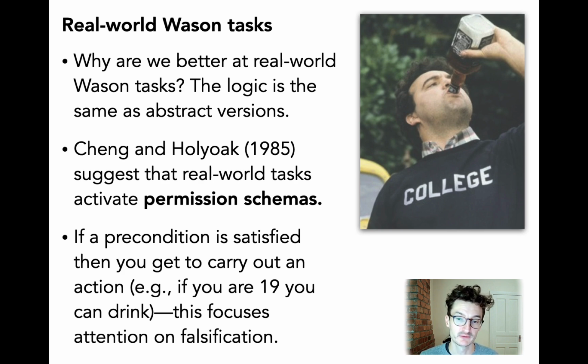In this case, it's a mental model of how things should work. And so the idea is that this permission schema actually focuses our attention more on falsification. And so we're a little bit better at identifying the situations, or the cards in this case, that falsify the rule. And we're less likely to be tempted by the cards that simply affirm the rule.